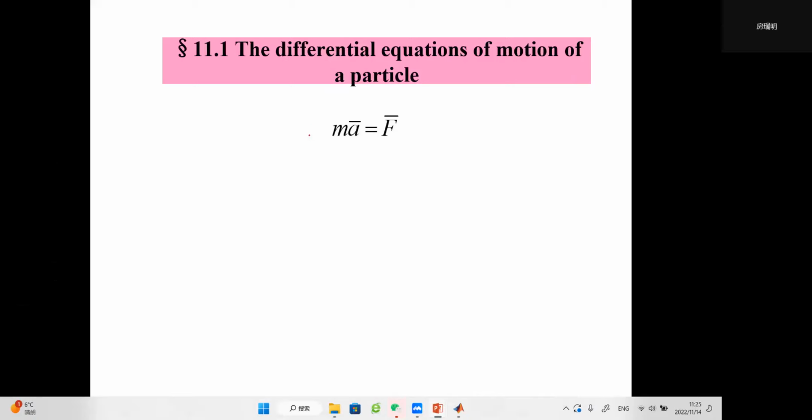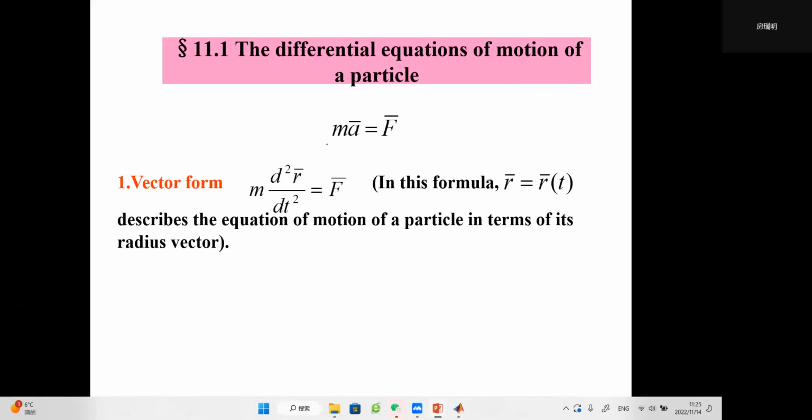Let's say first the differential equation. Maybe you guys know this. In many cases I like to write F equals m a. If we write it in vector form, do you guys still remember what we learned in the middle part of this course?